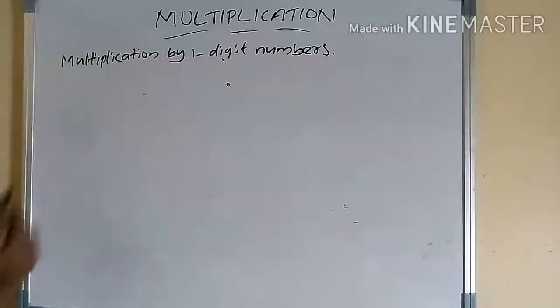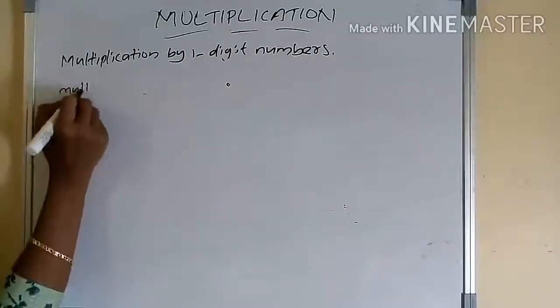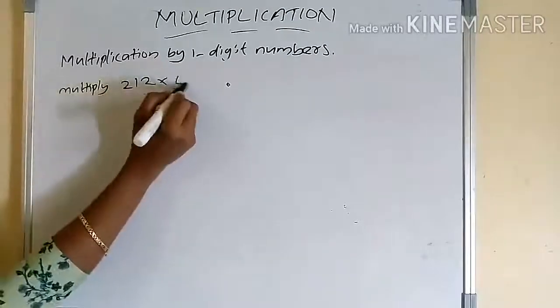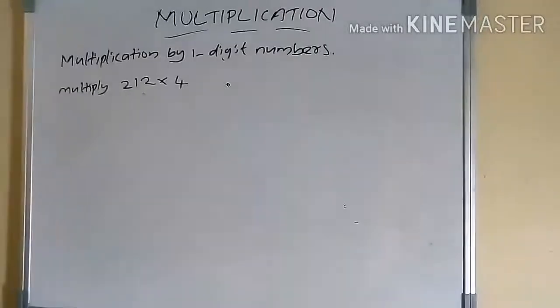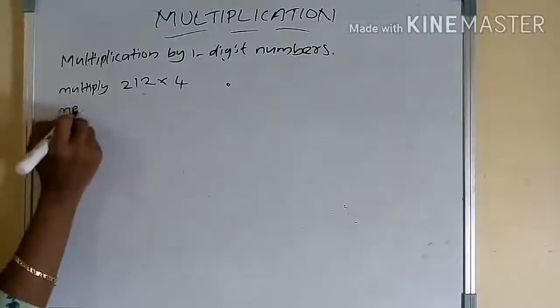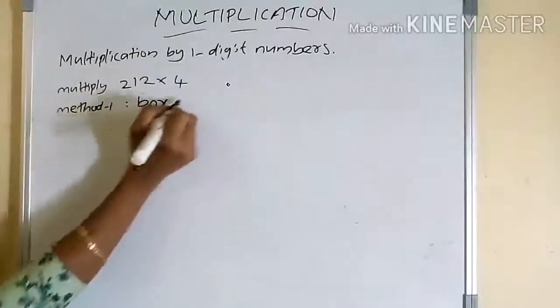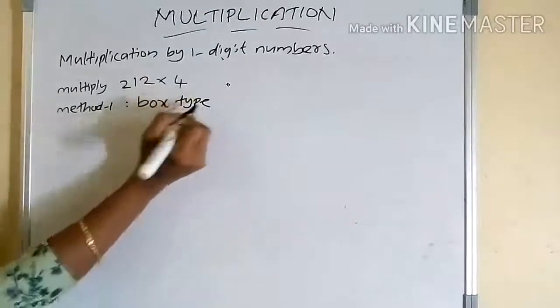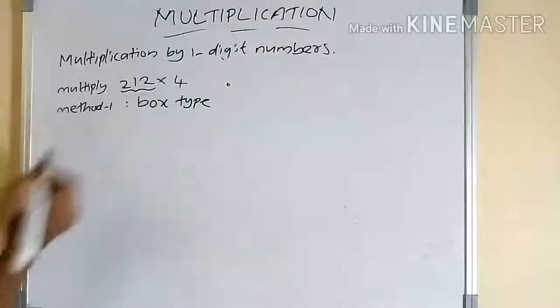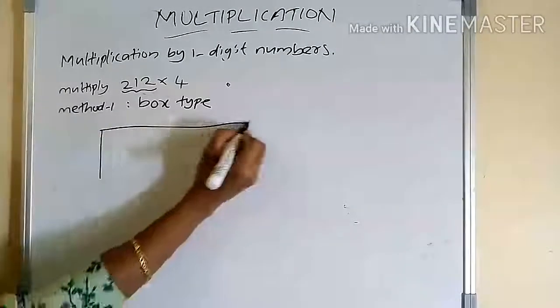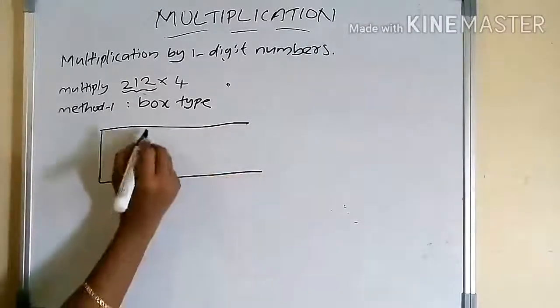Next example is multiply 212 into 4. We have two methods. First method is box type multiplication. The number 212 is a 3-digit number, so draw 3 columns, that is 3 boxes.